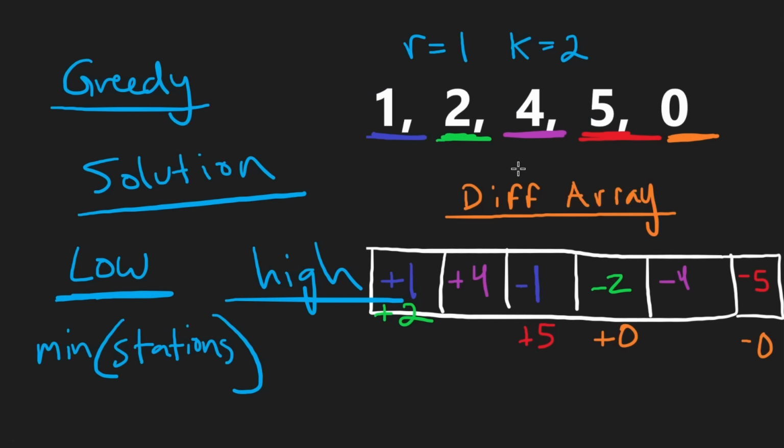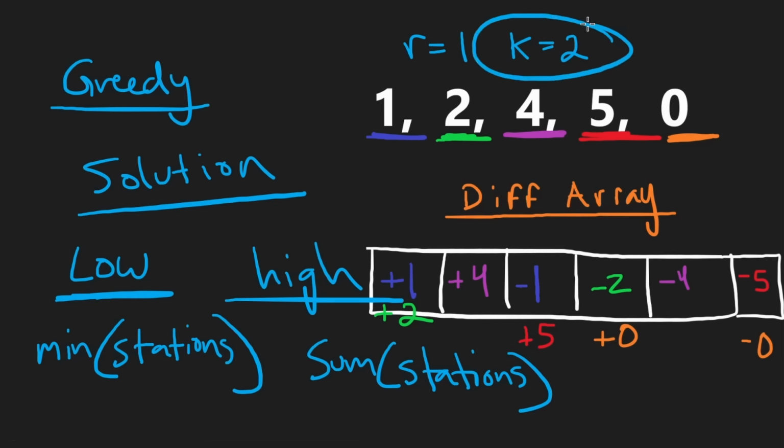So we'll take the sum of stations, but there's more to it than just that, because we still do have some operations left, k equals 2. So theoretically, those k equals 2 operations could apply to the entire array. So the highest possible value theoretically we could have is this plus k.